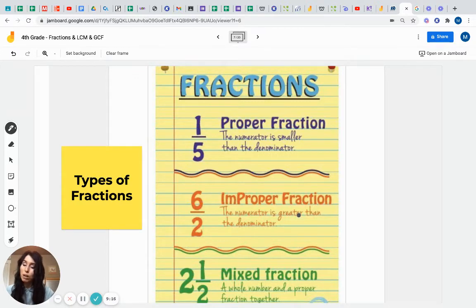Did you say an improper fraction? I hope so. And you know that, and why is it? Well, because the numerator is larger than the denominator. And what did you call this? Well, it says a mixed fraction, but I call it a mixed number. Why is it called a mixed number? Well, if you look at it, it has a whole number 2, and then it has a proper fraction of a half. So far so good? You got it? Well, let's move on and study some more together.